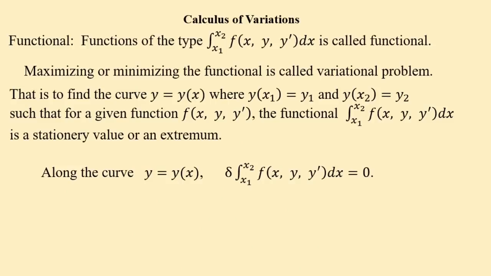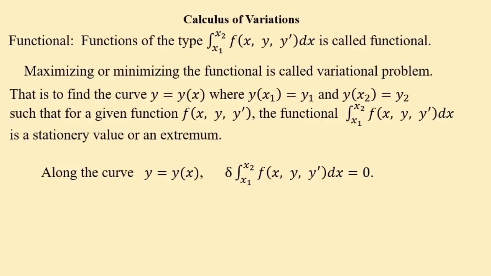The calculus of variations: the functional is a function of the type integral x1 to x2 f of x, y, y dash dx. That is called a functional. Maximizing or minimizing the functional is called a variational problem.